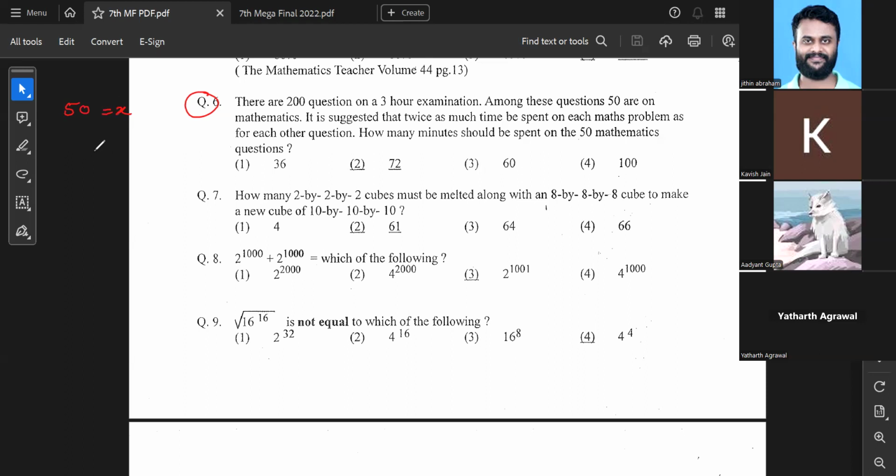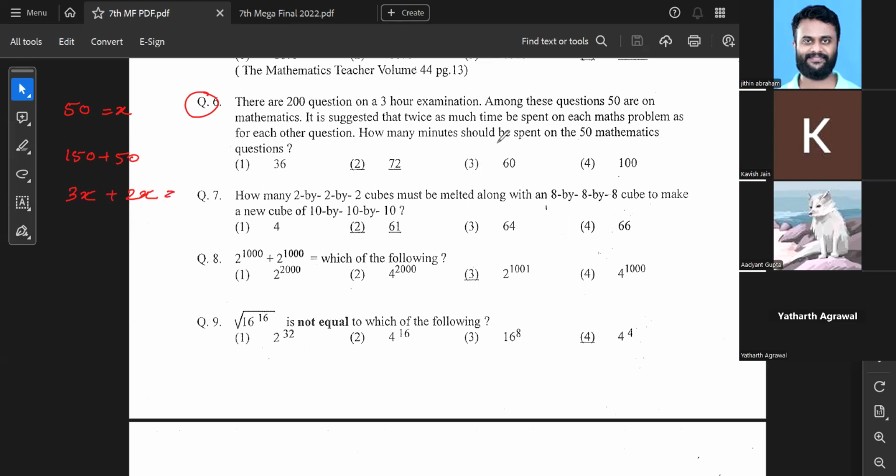This 200 questions can be divided as 150 and 50, because the two need different time. So these 150 questions can be considered as 3x, and 50 questions is x. But the time taken for these 50 questions is double, so I'll put 2x for this. 50 is x, but the time is double, therefore I have put 2 over here. So total is 5x.